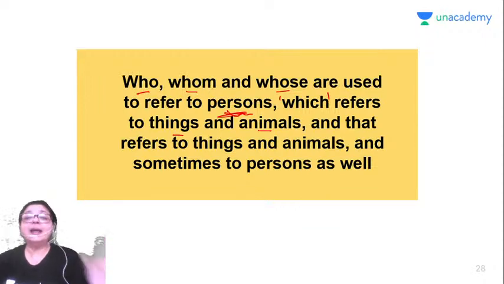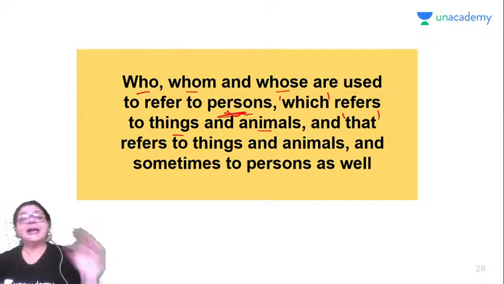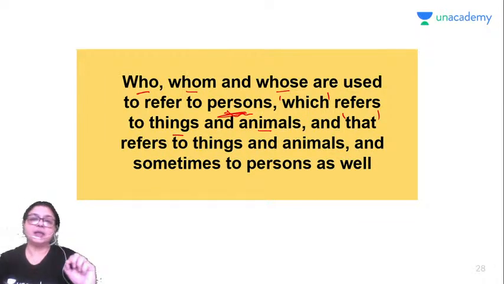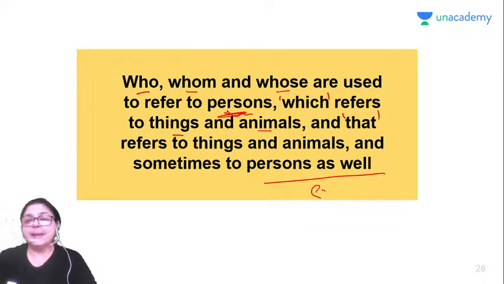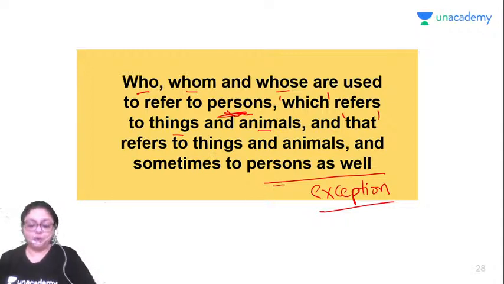And that over here refers to things and animals as well. So I can use which also for my things and animals, and I can also use that for my things and animals, and sometimes for persons as well. Now this is the exception. So generally it is who, whom, and whose which is referred, but sometimes you can use which also for a person. So that is the exception.